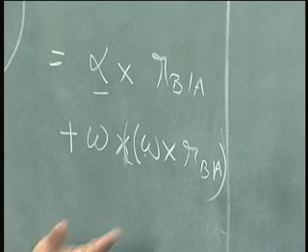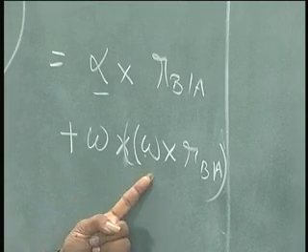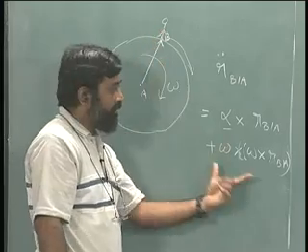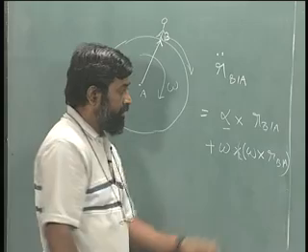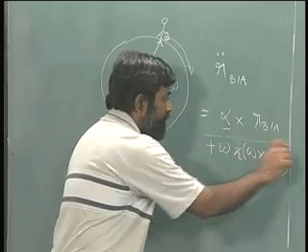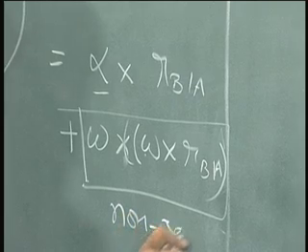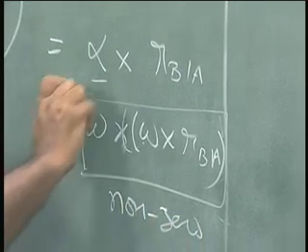right. Omega is known, R of B with respect to A is also known here, so I can find out, okay, and therefore this is not 0. Whereas this is 0.